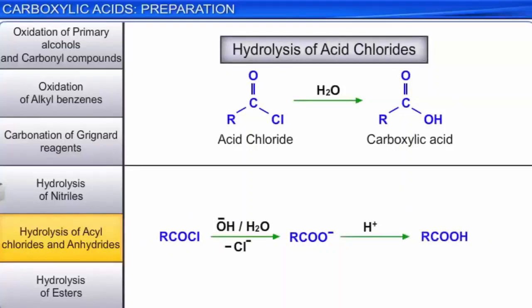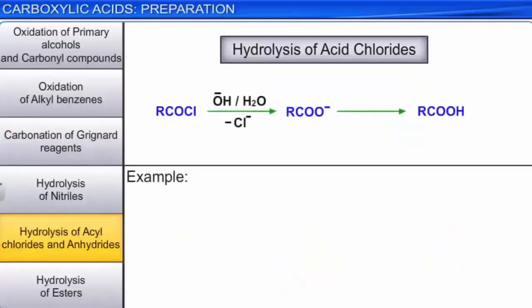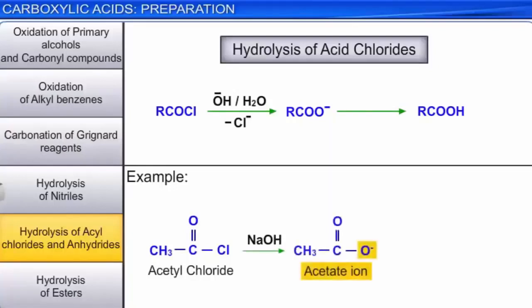Hydrolysis in the presence of an alkali first yields carboxylate ions, which on acidification give the corresponding carboxylic acids. For example, when acetyl chloride is hydrolyzed with an alkali, it first yields acetate ions, which give acetic acid on acidification.